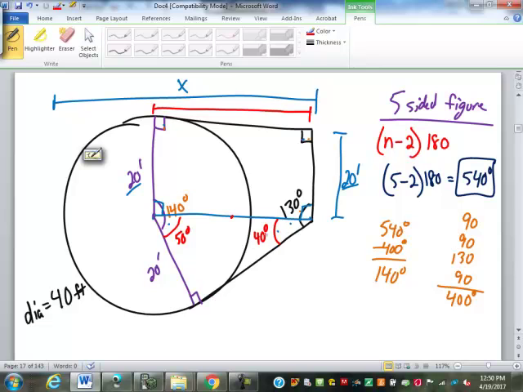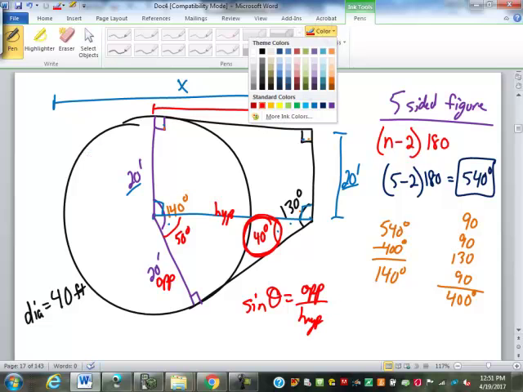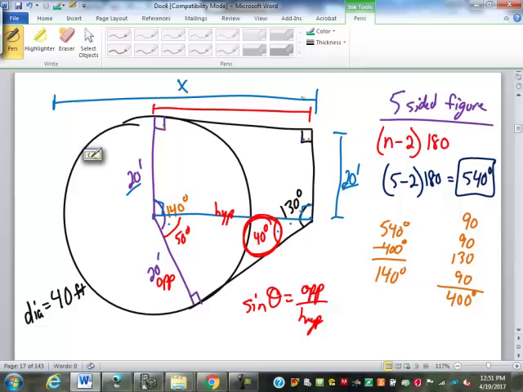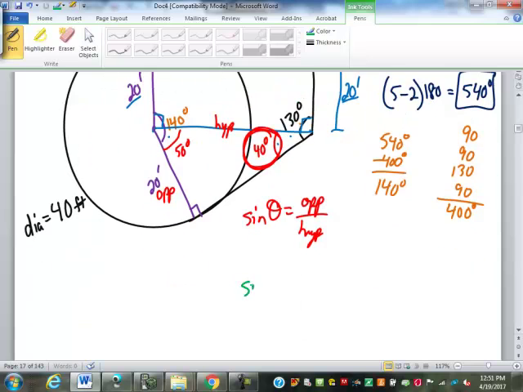Which angle are we going to commit to, the 40 or the 50? Sounds like you want the 40. So I'd make the 20 the opposite, and this is the hypotenuse. So yes, we are dealing with a sine. We'll plug in the angle, 40 degrees.